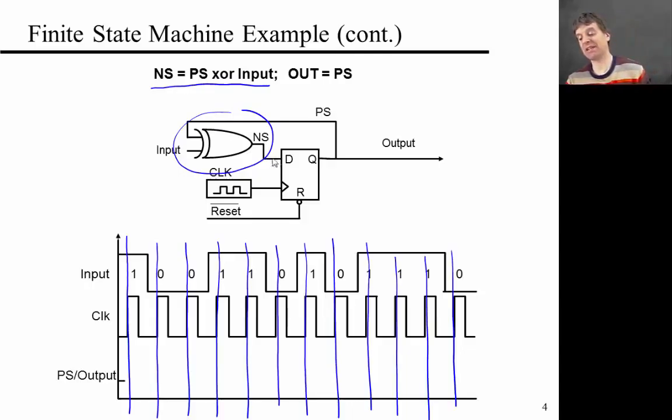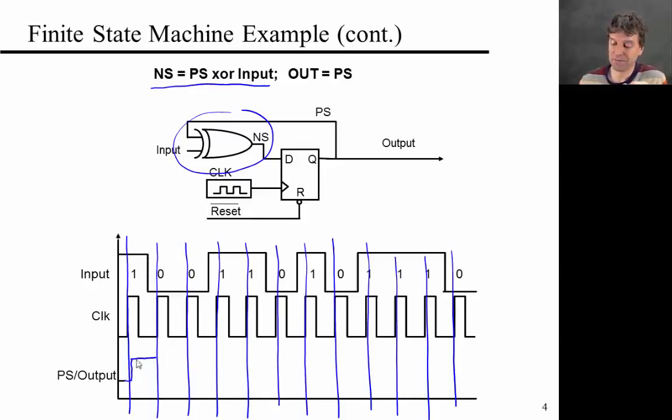And this next state value will be held here at the D terminal of the flip-flop. And at the edge of the clock, next state becomes present state, right? So the value that I've calculated at this clock period becomes the value of present state at the next clock period. And then I can repeat this exercise.